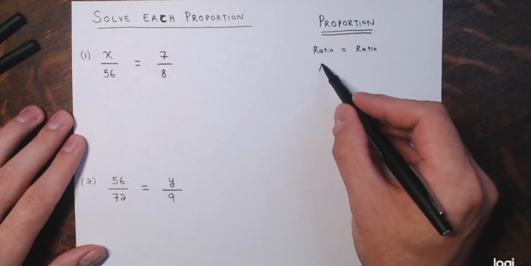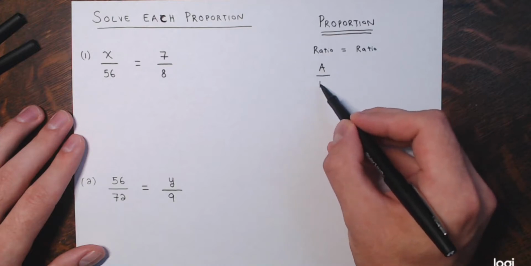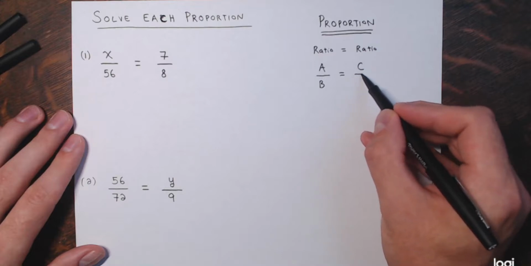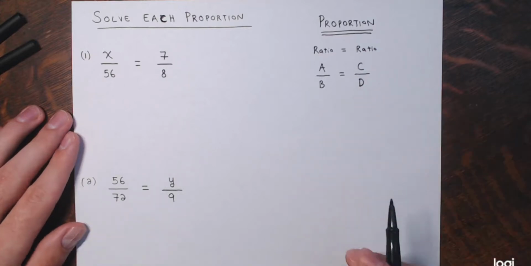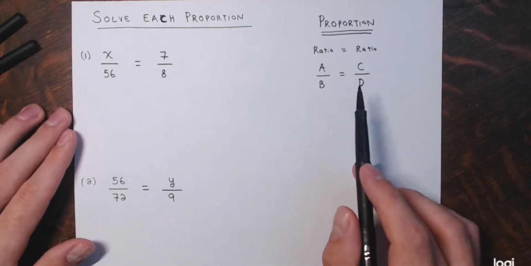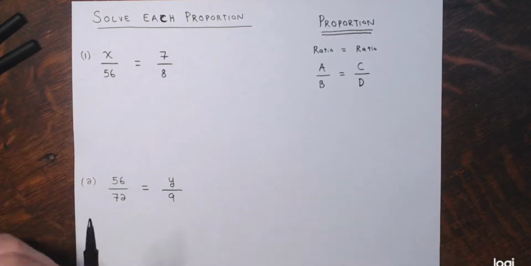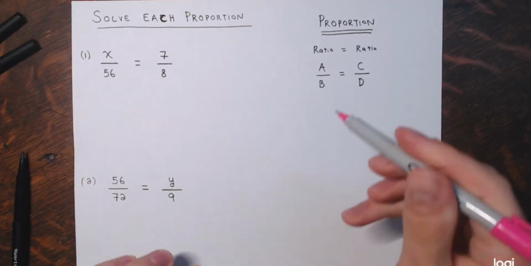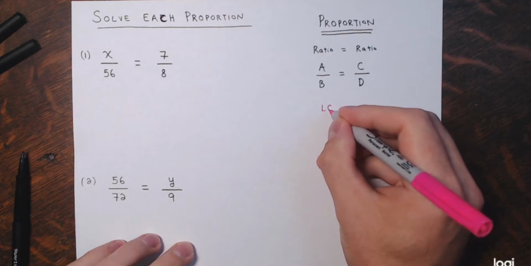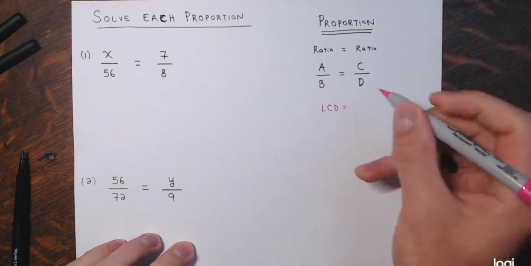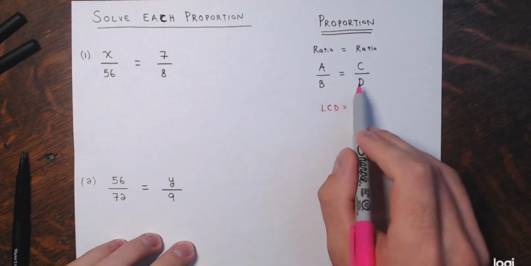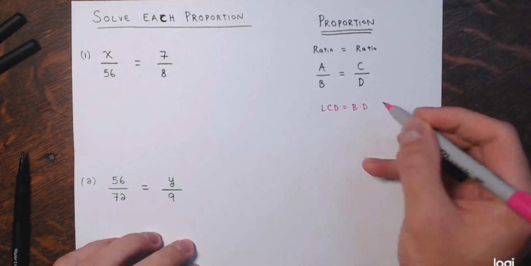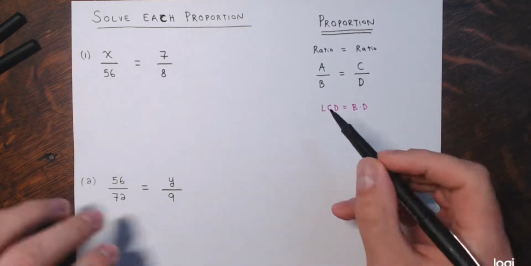Say a over b set equal to another fraction, c over d. The way I would solve these is just like any rational equation. Find the LCD, the least common denominator. For what I have written here, that would just be b times d, or bd.